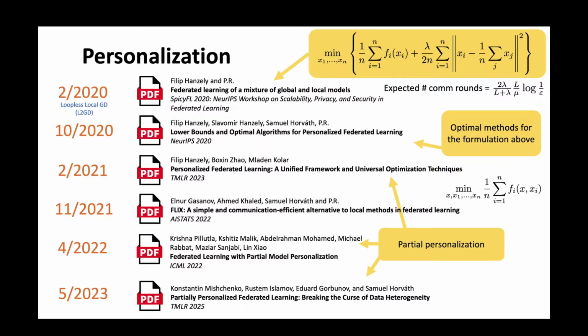Now, that is not that interesting as the following observation, that the very natural algorithm for this formulation is the following. Think of this as a two-sum optimization problem, where the first function is this average of f_i of x_i, and the second function is this penalty. And try to run SGD for this two-sum problem.